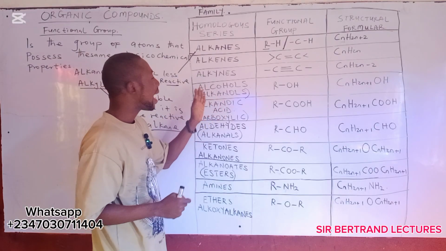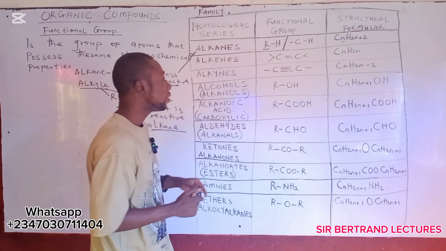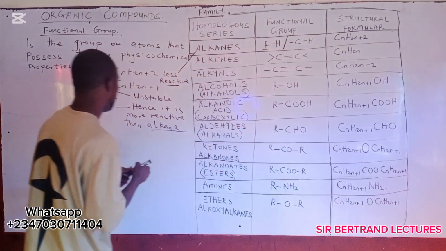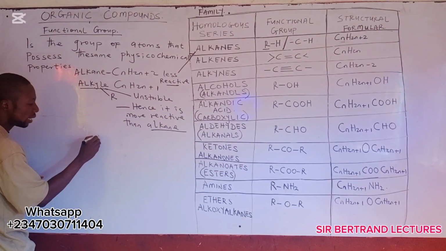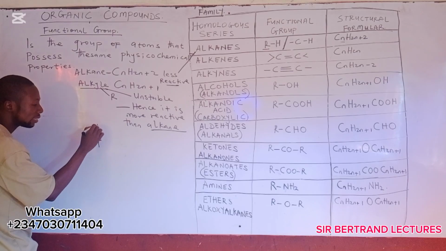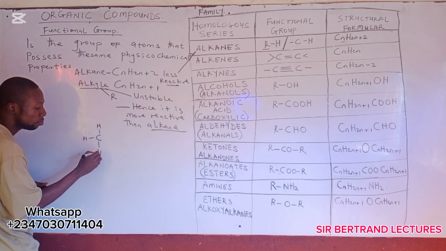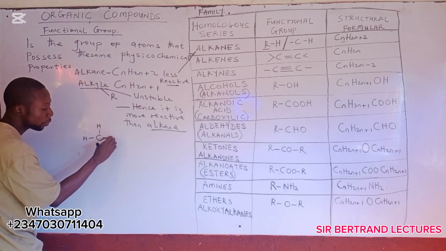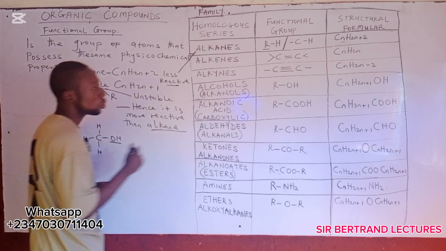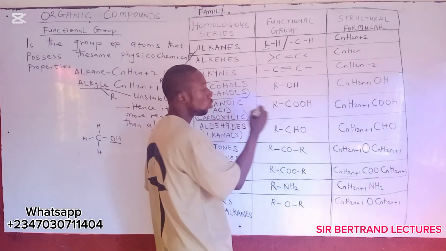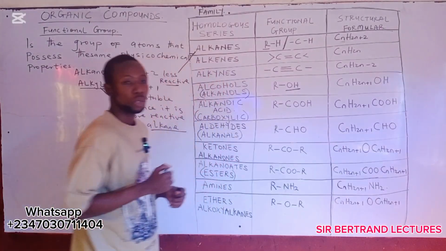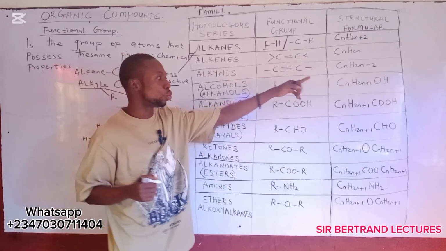Then here we have the alkanols, or you can say alcohol groups. Here is the alkyl, an alkyl that has 3 hydrogen atoms bonded. Then here is the functional group. The functional group of alkanols is OH. You can call it the OH group.